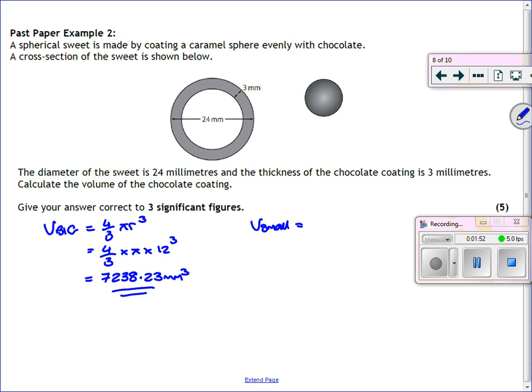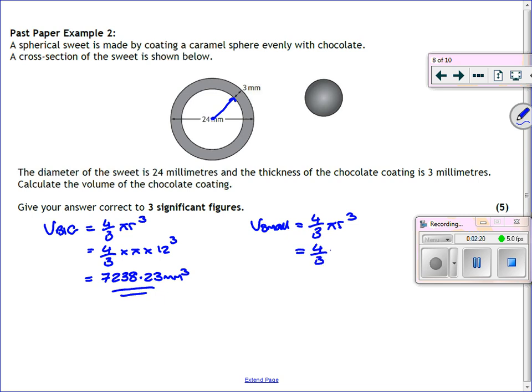The volume of the small bit, which is the white caramel bit in the middle, again we're going to use 4/3 pi r cubed. Now, to work out the radius of that, the radius goes from here out the way. So if we know that the total radius from the previous bit is 12, we need to take away 3 from that, so it's going to be 9.